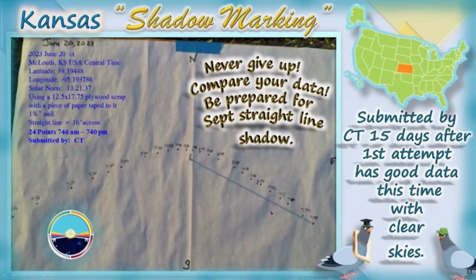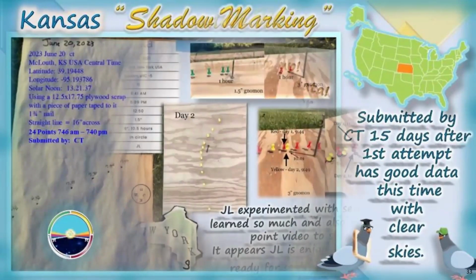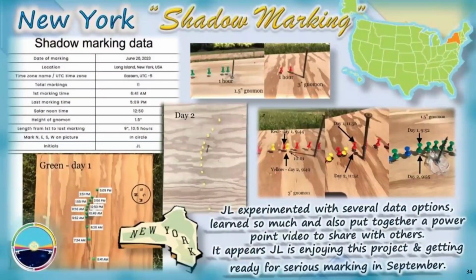You've got to be fast, because that sun is going to move. If you take too much time, that shadow is going to be way over here, not at your mark. So you've got to have your camera ready, everything ready to go. And of course, the camera has the time on it. But look at the improvement she has had in just 15 days by just practicing. Really neat. Not hard, lots of fun. It's like, I can do this.